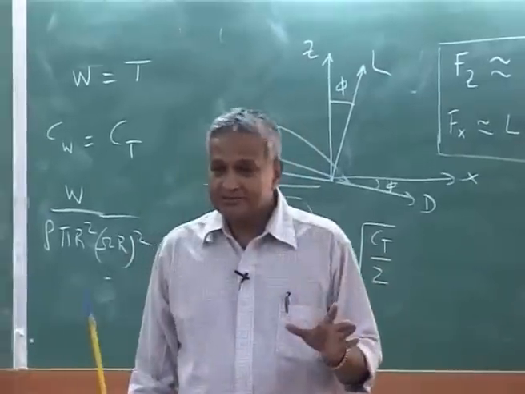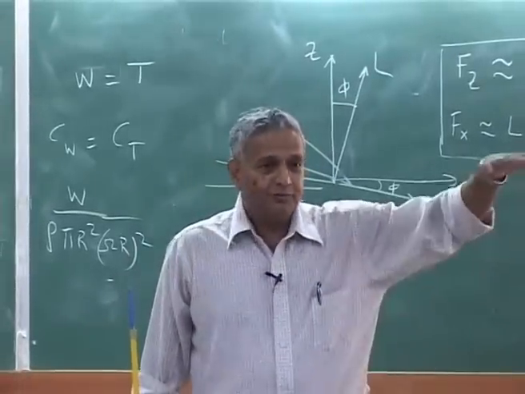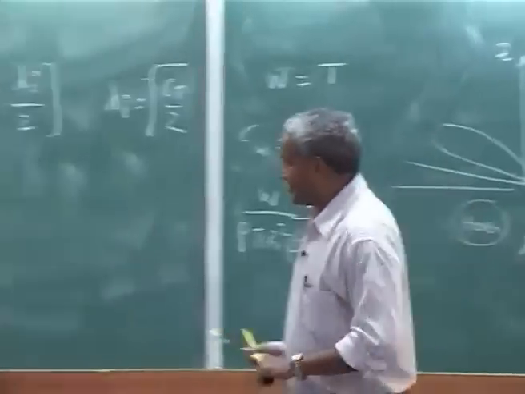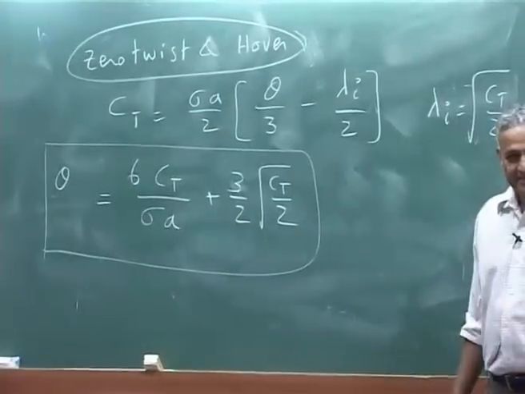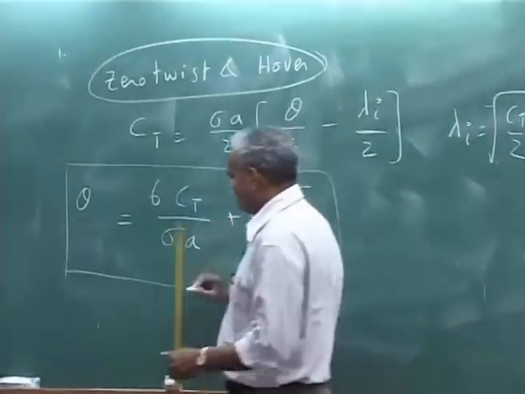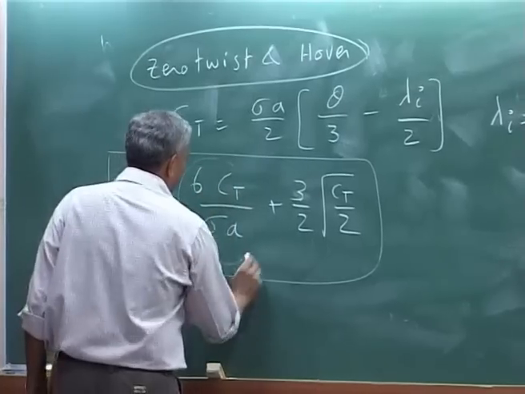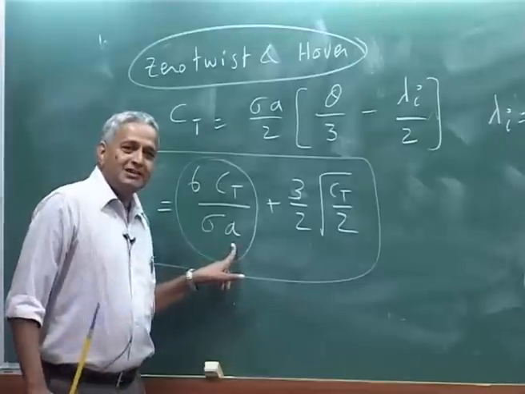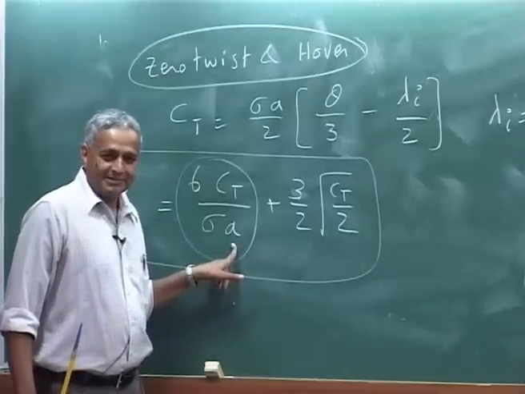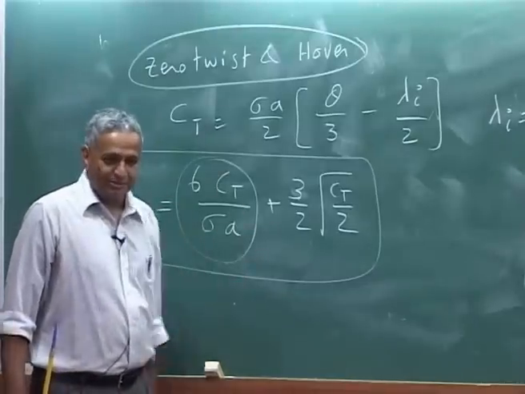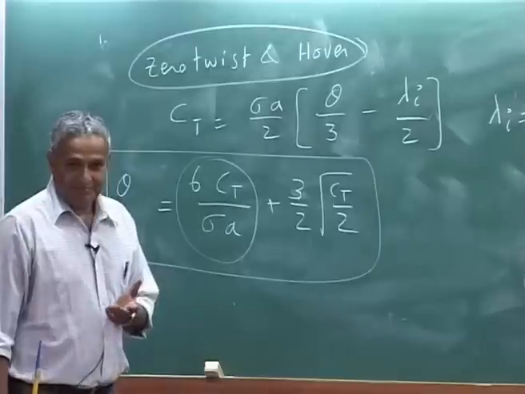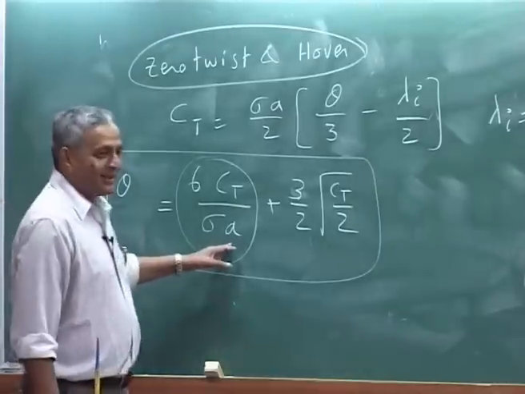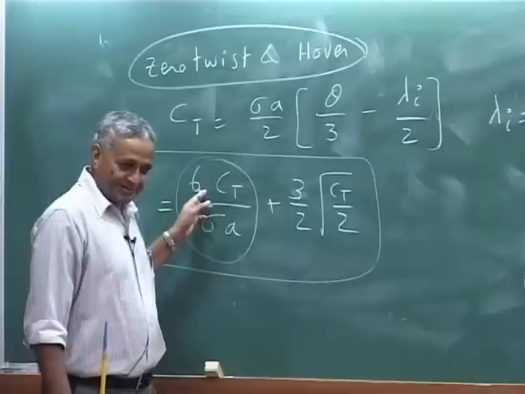I must provide for hover. You substitute the value here. You know that A, the lift curve slope, has a theoretical value of 2 pi, which is almost close to 6.